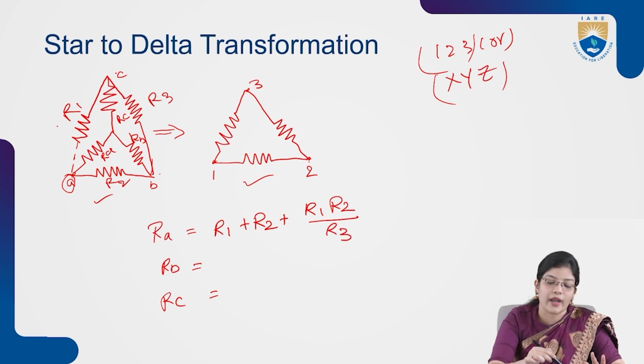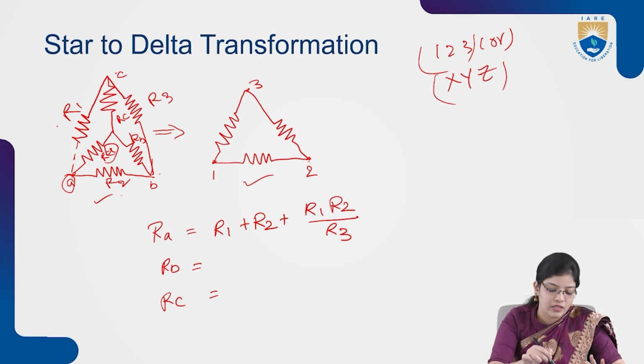First, we have to add these two resistances which are connected to the RA terminal, and then we have to multiply these two resistances, and then we have to divide by the opposite resistance. So for the first terminal RA, I'm taking R1 plus R2 plus R1 into R2 by R3.